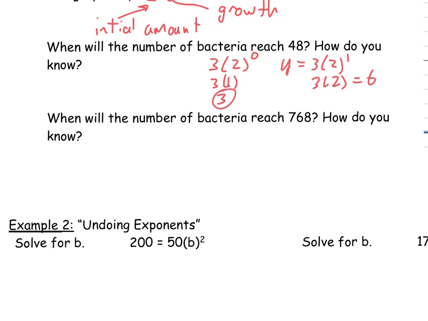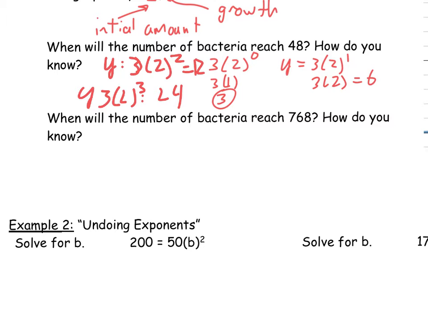So when will the number of bacteria reach 48? Well, you just got to keep plugging it in. 3 times 2 to the second, we got 12 for that. 3 times 2 to the third would be 8 times 3, that would be 24.